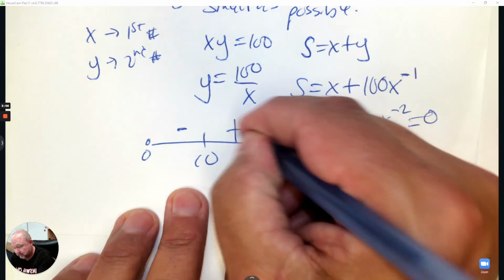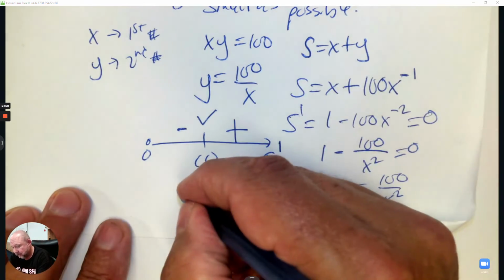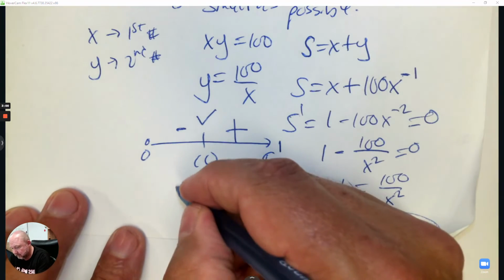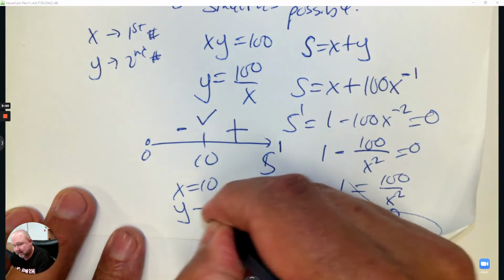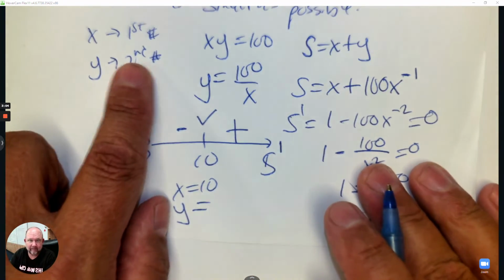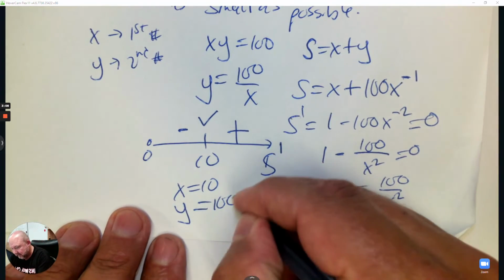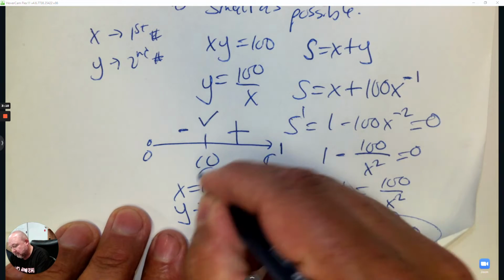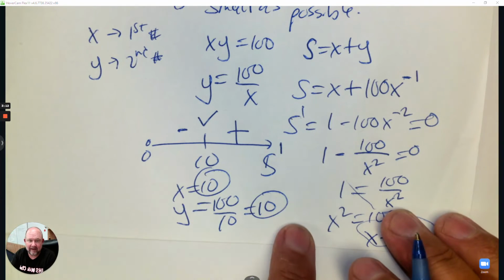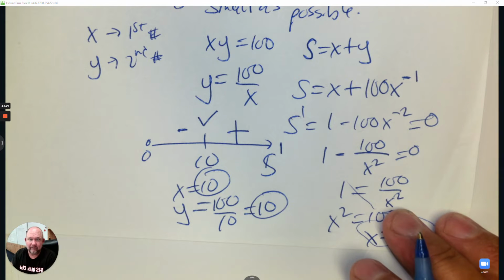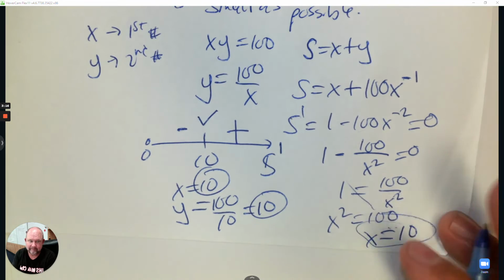So now the answer is positive. That's a minimum. So I found the first number to be 10. To find the second number, we know this, 100 divided by whatever the x value is. So that means both numbers are 10, so that the sum is as small as possible.